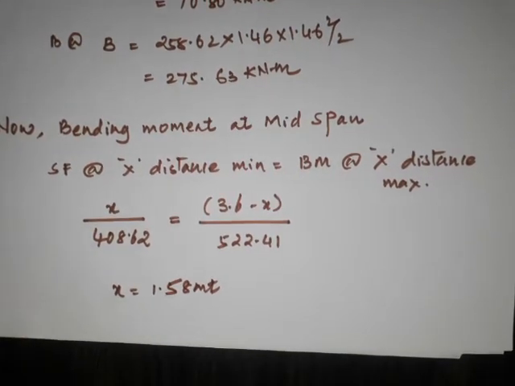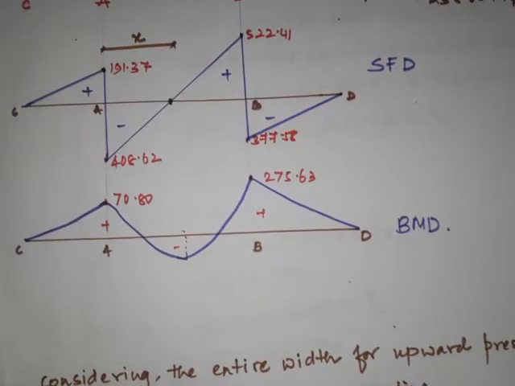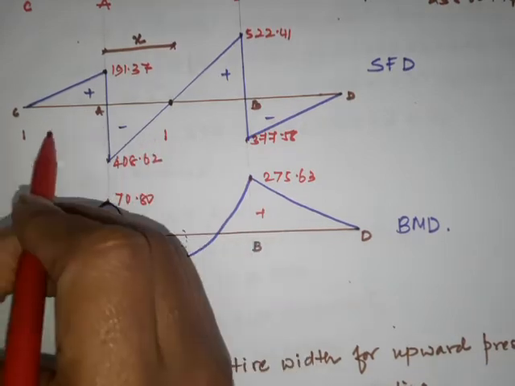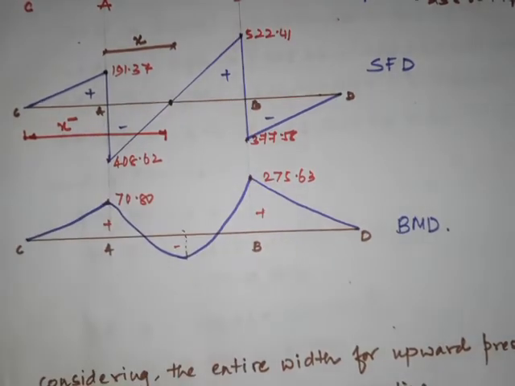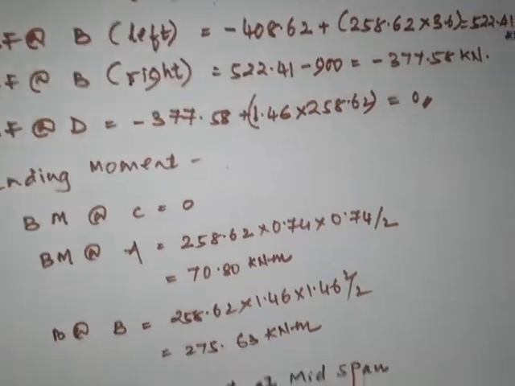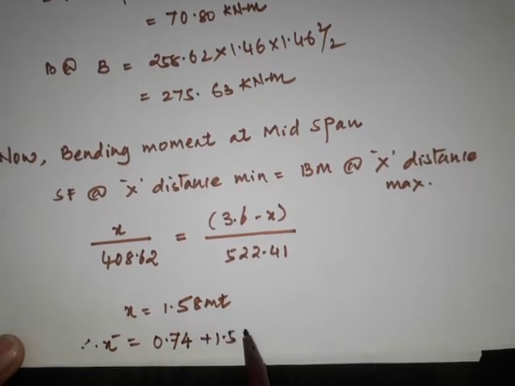Therefore, what should be the x bar now? From here to here is x bar. So x bar is equal to the offset from column A, which is 0.74, plus 1.58.